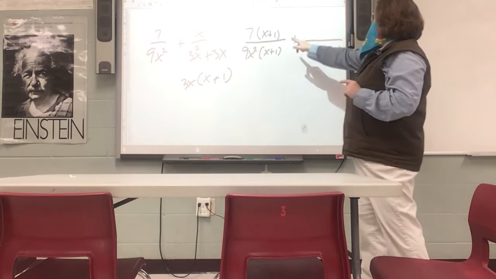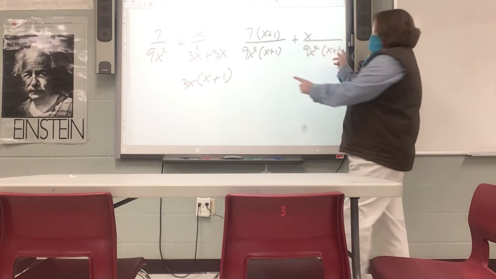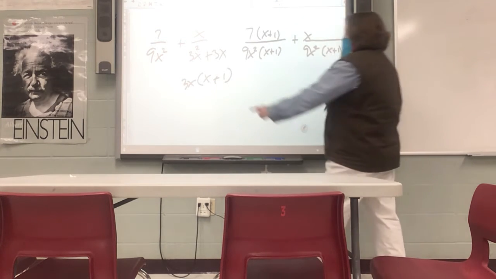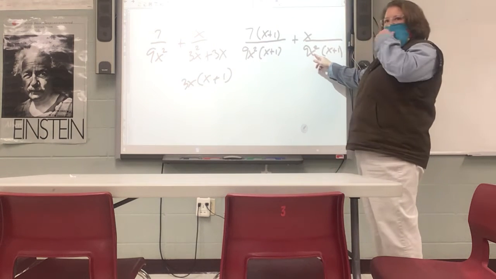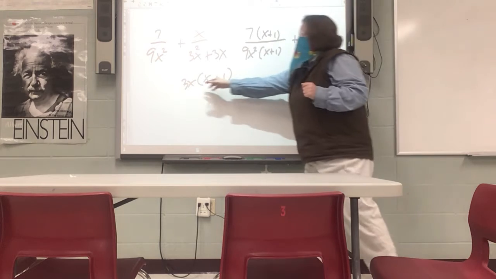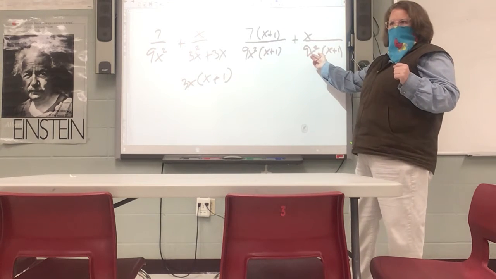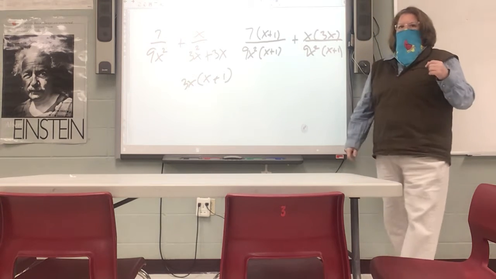On the right, there was already an x there, and it already had x plus 1. It had a 3x, but we changed the 3x to a 9x squared. So what did we have to multiply that 3x by to make the 9x squared? We have to multiply that by 3x. Good job.